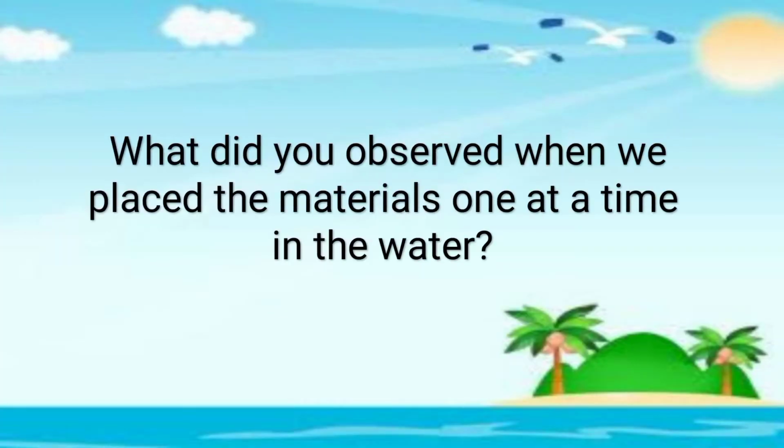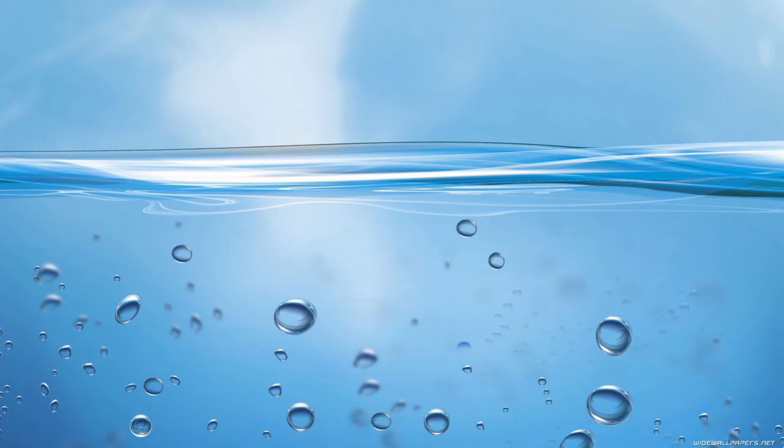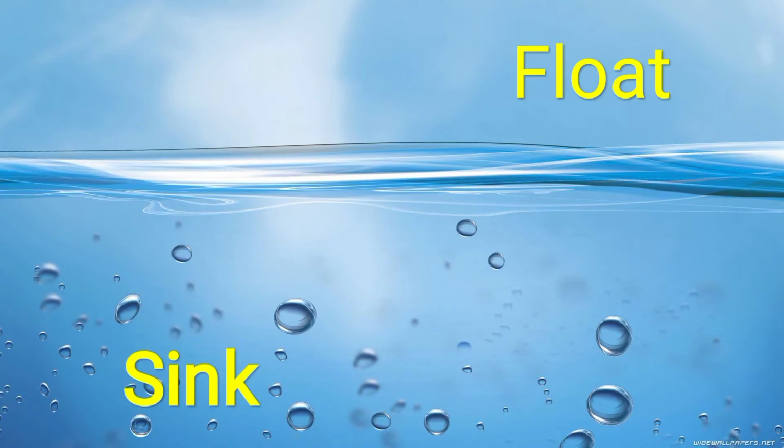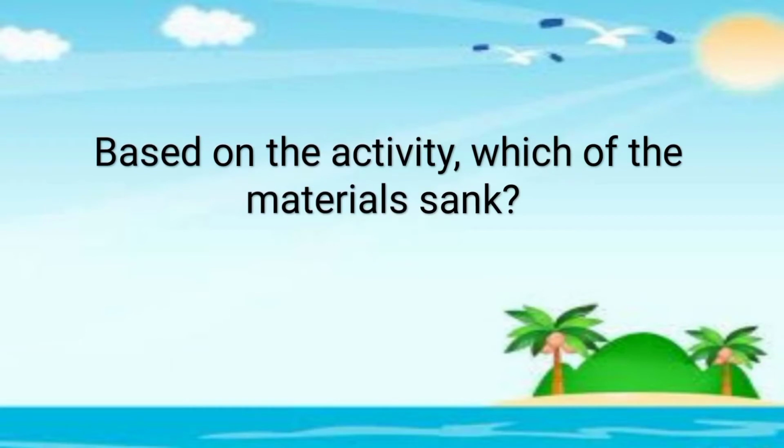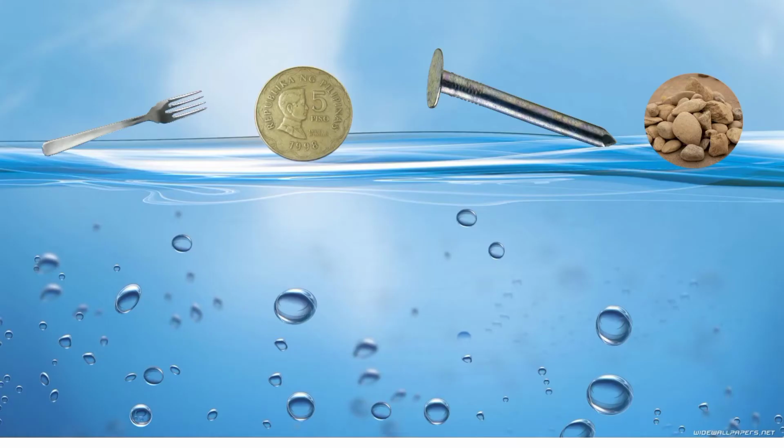What did you observe when we placed the materials one at a time in the water? Correct! Some materials float and some of them sink. Based on the activity, which of the materials sank? It's amazing!